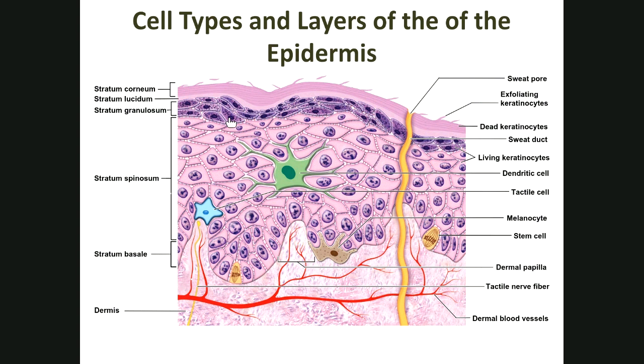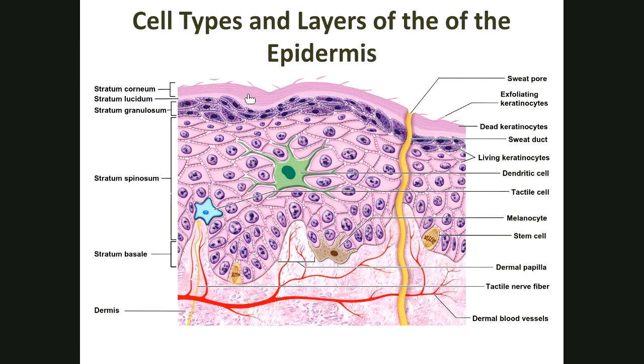The process of keratinization takes place here. The keratinocyte become full of keratin. Our cell has a limited capacity for holding this keratin, so our cells burst and the keratin, as you see here, is released on the surface.